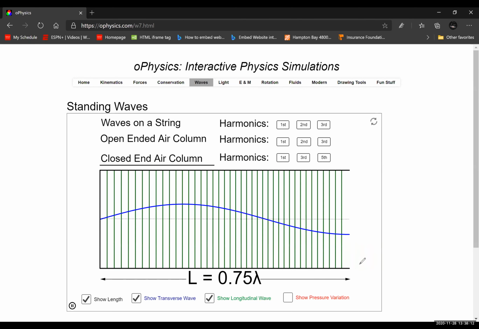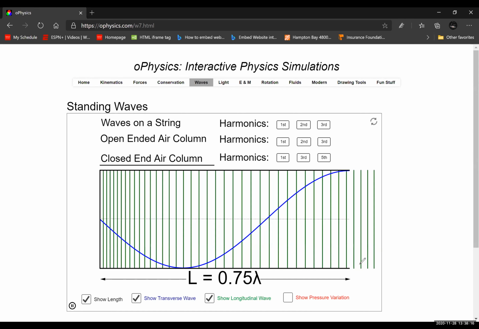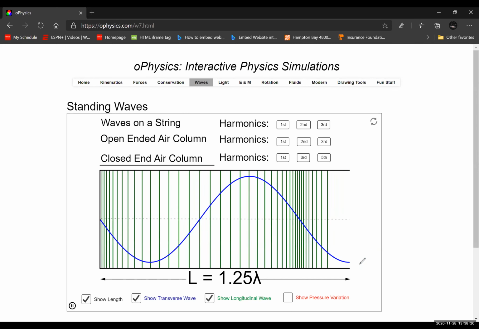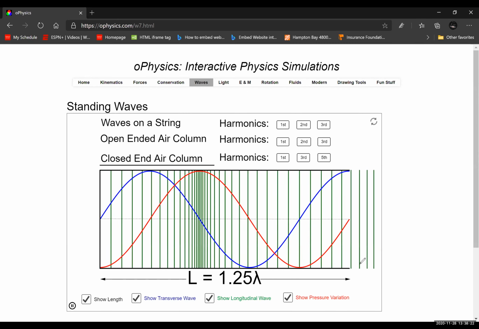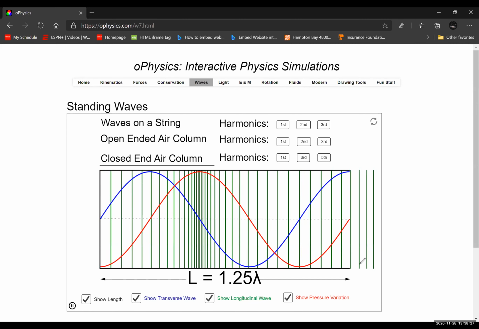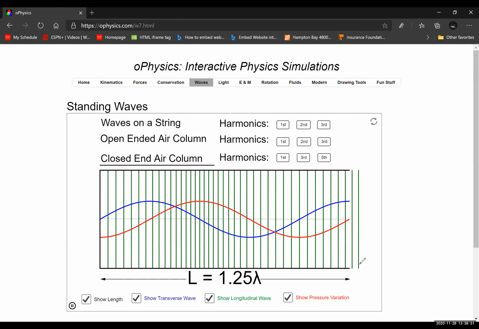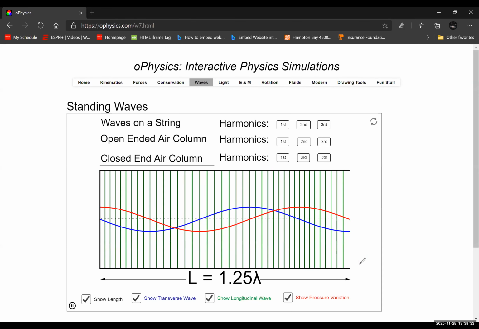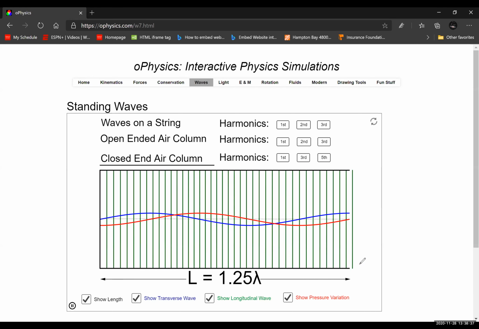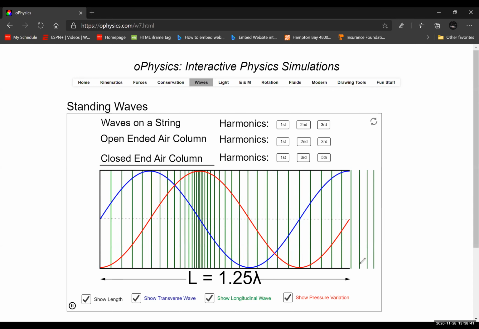Now go to the third one, because there's no second one for the closed end, and then the fifth one. So you get something like this. I can even show you the pressure variation, which is kind of the opposite. Where there's a closed end there's an antinode, and where there's an open end there's a node. The red wave is the pressure variation. So that's what we have for this.